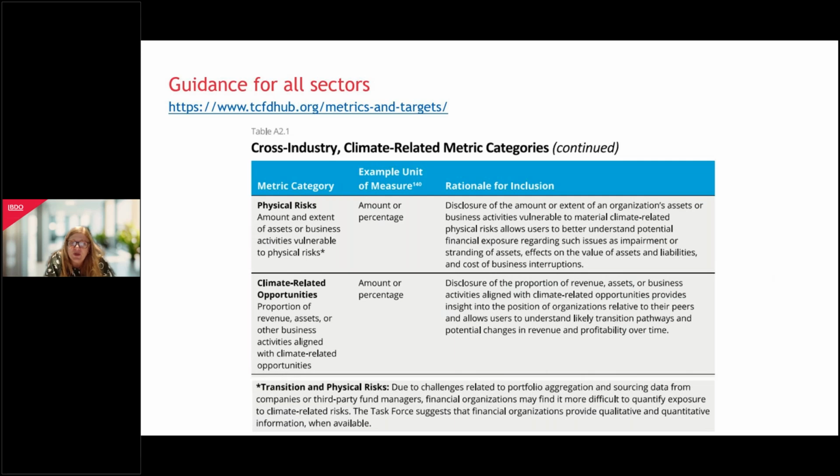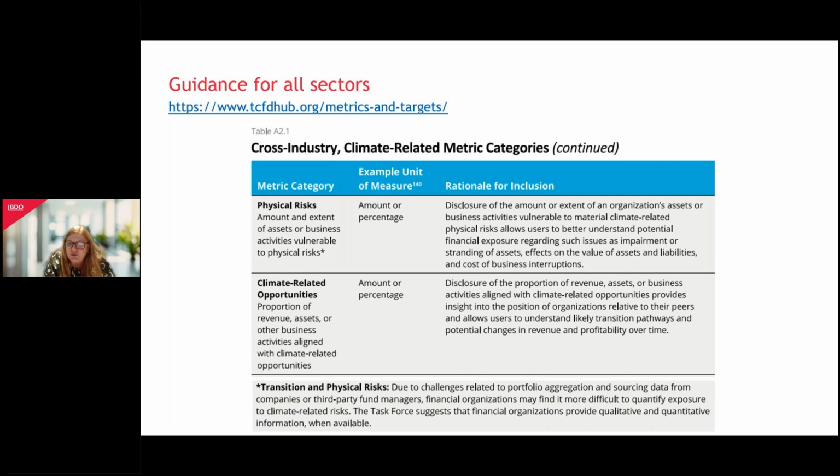Another thing that's important there is the asterisk, which I've put right at the bottom of the screen. Due to the challenges related to portfolio aggregation and sourcing data from companies or from third-party fund managers, some organizations find it quite difficult to quantify their exposure to climate-related risks, in particular these physical risks.